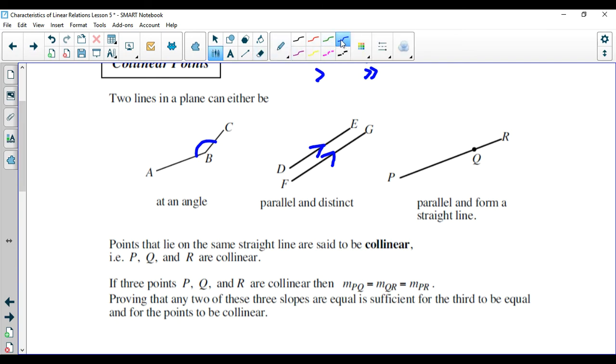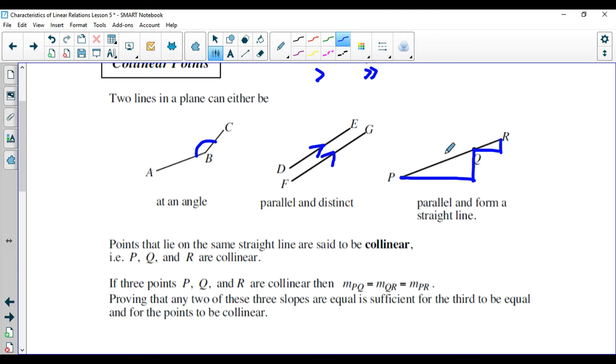For example, if you calculated the slope of line segment PQ and the slope of QR, the slope triangles look different, but the ratio of the rise to the run would be identical. So you get the exact same slope.